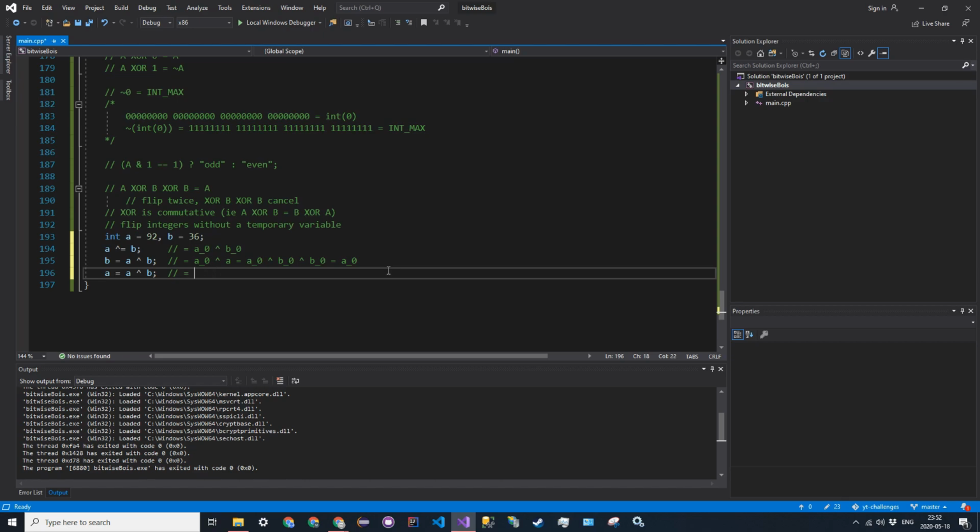Now, let's substitute in A. So A is A original XOR B original, and all of that XOR the A original, which is just the current B. Now, using the commutative property, we're going to say that this is equal to B original XOR A original XOR A original, and those two A originals cancel out, and you get a B original. That's just by the commutative property.